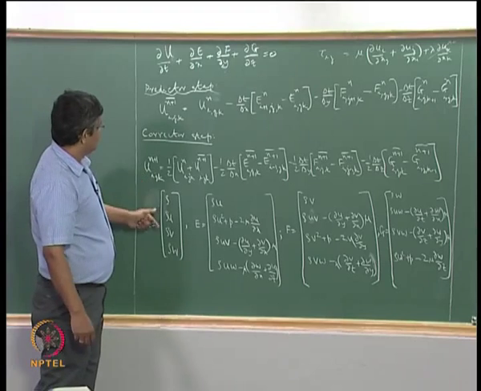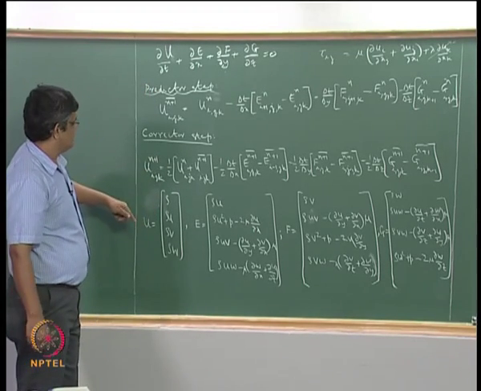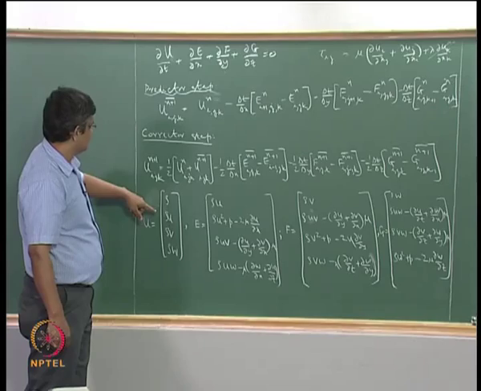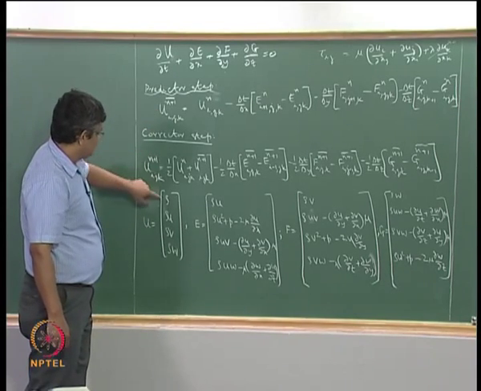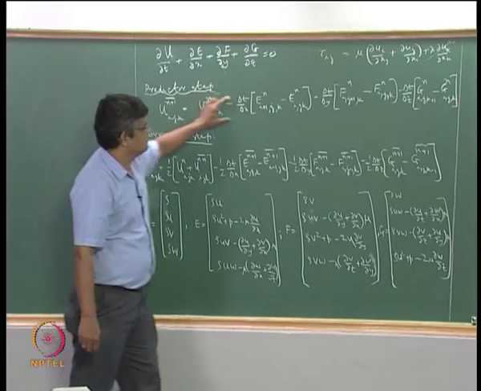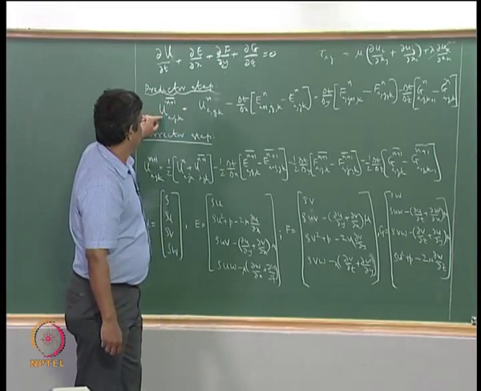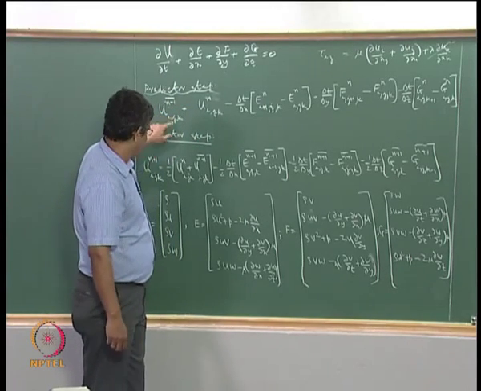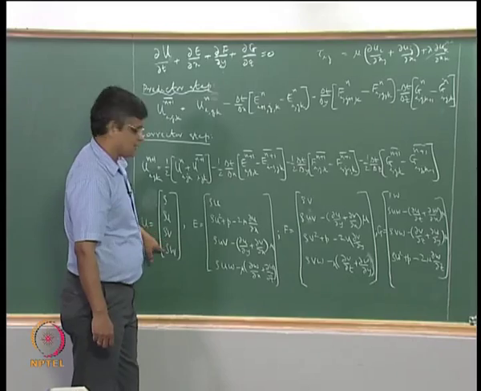The solution of these will proceed as we have discussed. Each equation is solved using this method for all the points i, j, k, and then we go to the next equation, next equation, next equation.